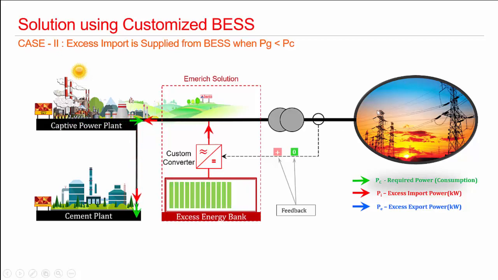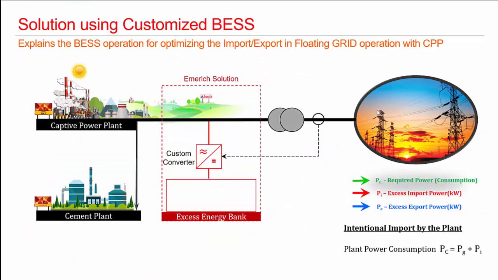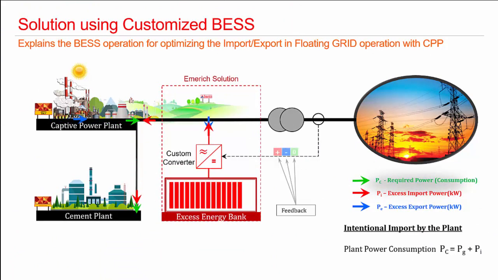Now let's combine both of them and see together. This is a complete unit, so in full scale operation, the battery energy storage system with the customized ability and a separate algorithm works as follows. You can see here the feedback is taken from the main PCC, which is the point of common coupling.